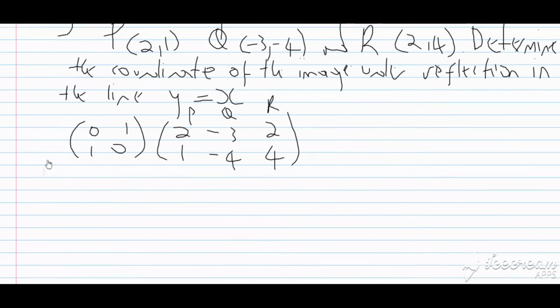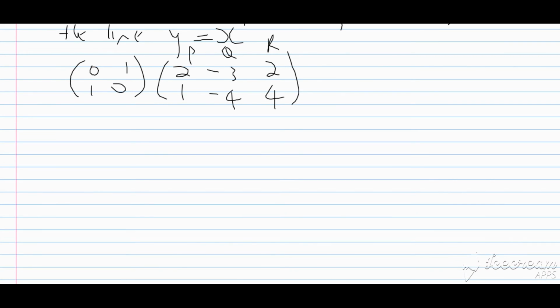Now, remember that whenever you multiply two matrices, we multiply row by column. So we're going to have row 1 times column 1, then row 1 times column 2, and so on. So let me lay this out. We're going to have 0 times 2 plus 1 times 1.